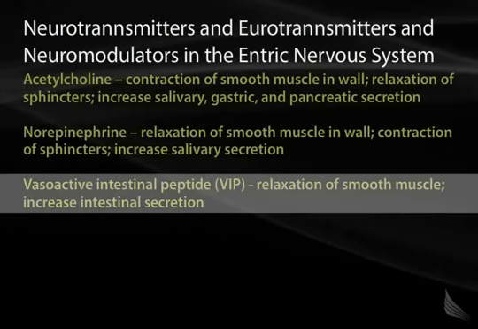Vasoactive intestinal peptide causes relaxation of smooth muscle and increases intestinal secretion, therefore acting in ways that acetylcholine and norepinephrine both do. The way I try and remember this is that VIP combines the actions of acetylcholine and norepinephrine.